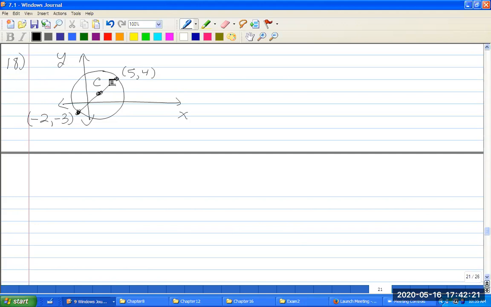So I have a diameter. The center is the midpoint of a diameter. So let's recall what a midpoint is. Let's determine the center of your circle.